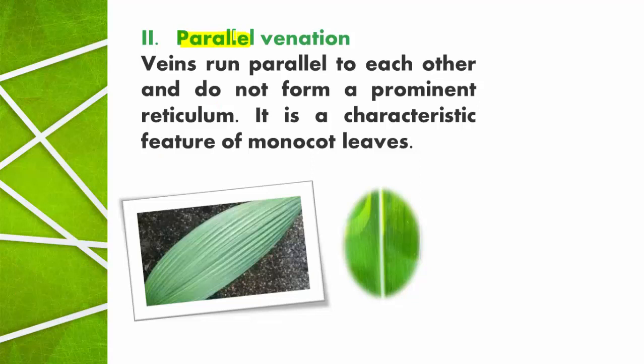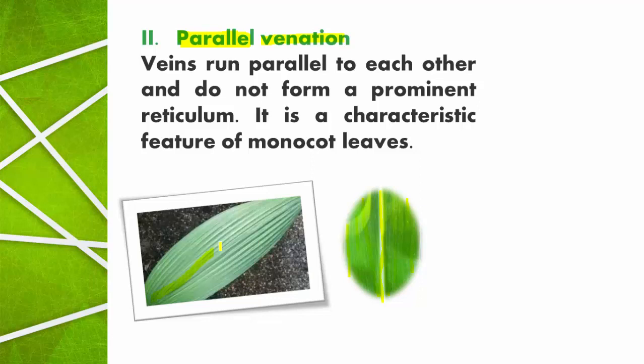Hope you are getting the point. What is parallel venation? Here you can see the complete leaf. This is the midrib in the center, but veins are arranged parallel to the midrib instead of producing a network. In a dicot leaf, they produce a network.